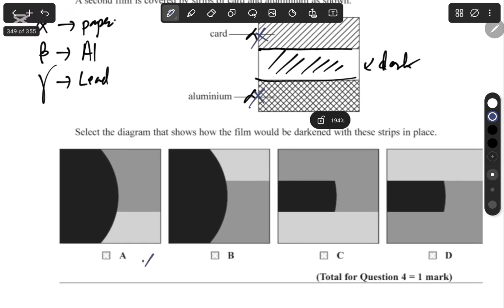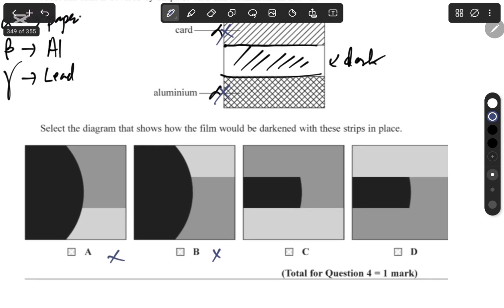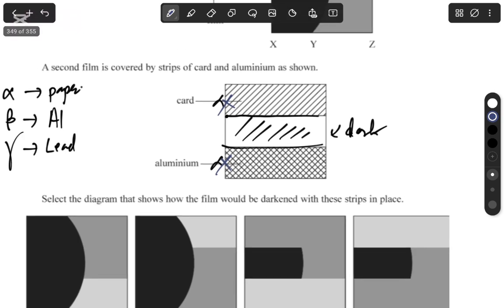So A and B should be wrong because it cannot go through aluminium and card. And then we have C and D, which makes sense. Okay, considering the options, we know that aluminium will completely block all the beta. So beta will be blocked, and alpha too. So this should have the kind of white color. It should have a white color.